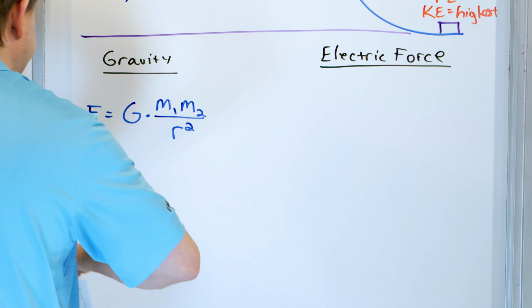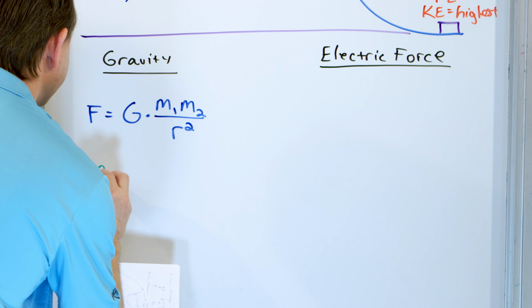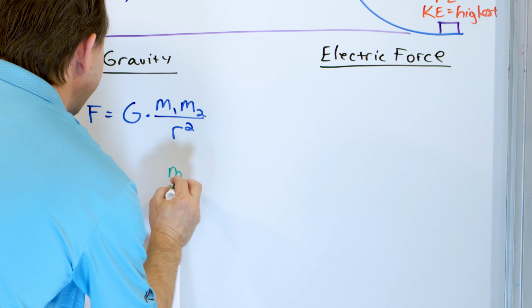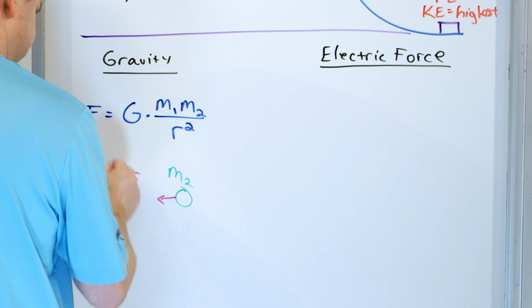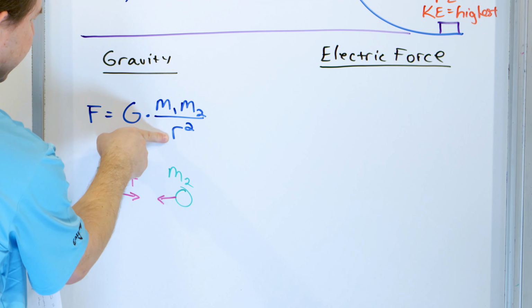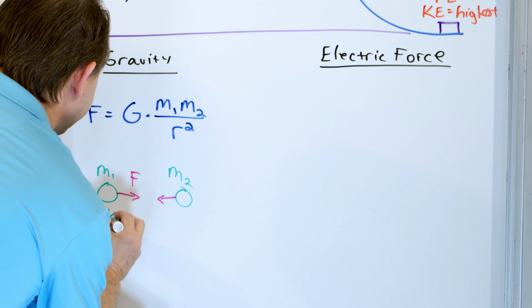So if I have two objects here, this is m1, and right here, this is mass number 2. It depends on the masses of the objects, and gravity is always attractive. So there's going to be some mutually attractive force called F between them. And it depends on the distance between them, which I have labeled here as R.